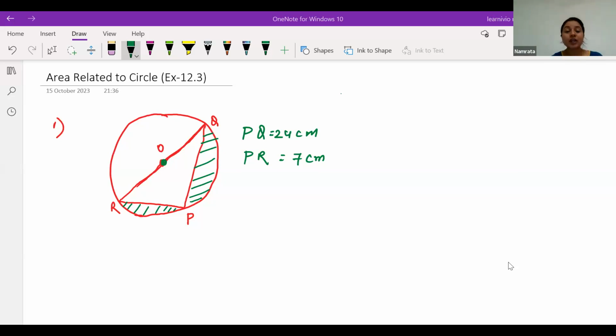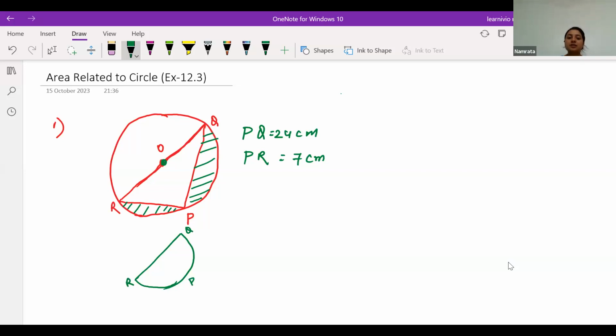Now, if you look carefully at this figure, can you identify that it's a semicircle, RQP? This one is a semicircle because a chord passing through the diameter must divide the circle into two equal parts. Can you see this R, Q, P?